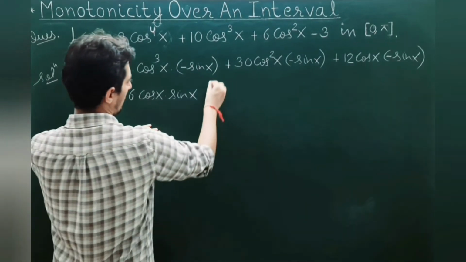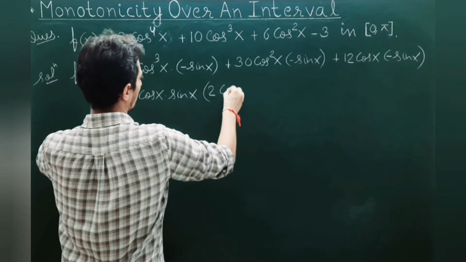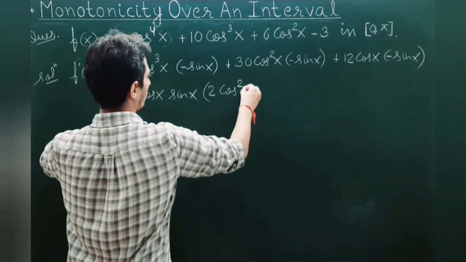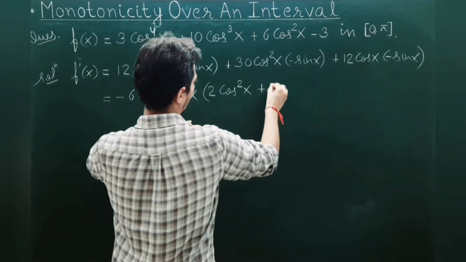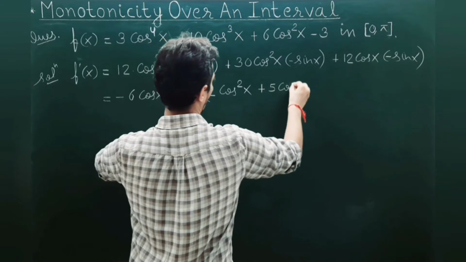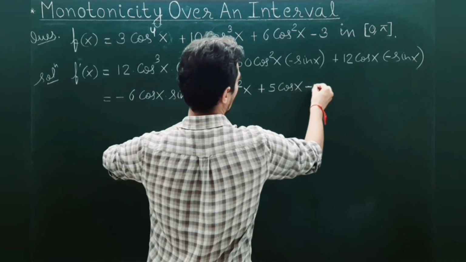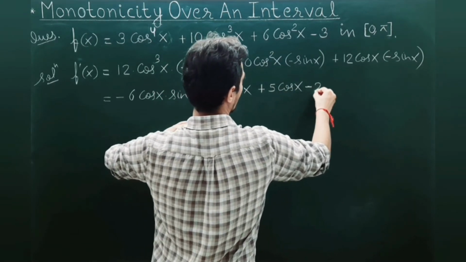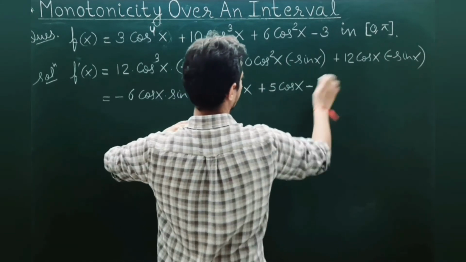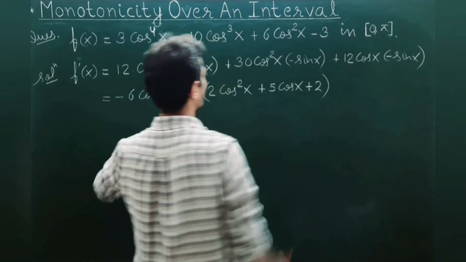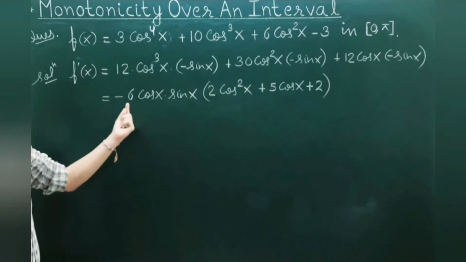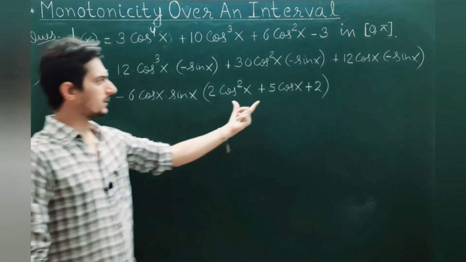Here I am left with 2 cos square x plus 5 cos x plus 2, right? So here we have minus 6 cos x sin x, and this is a quadratic factor.